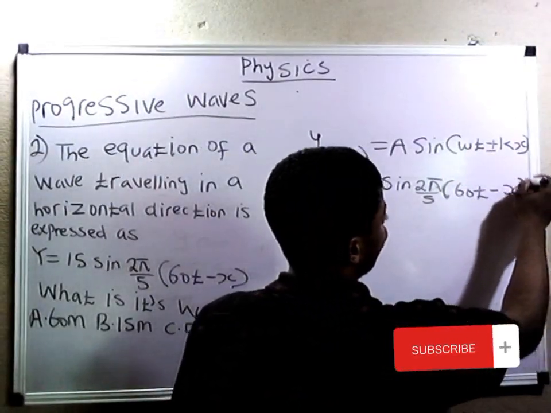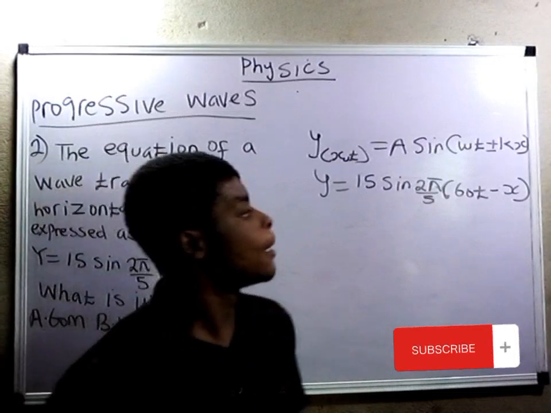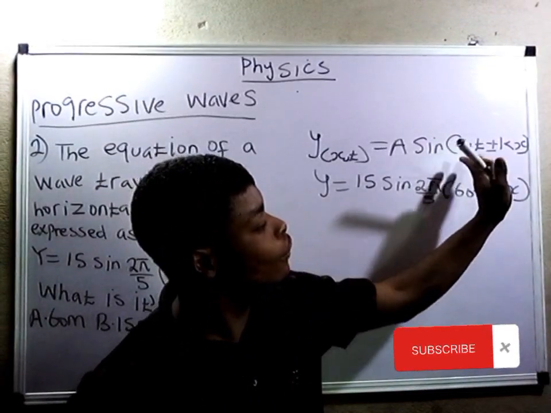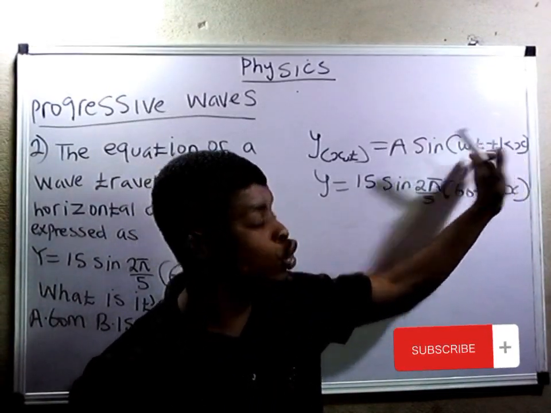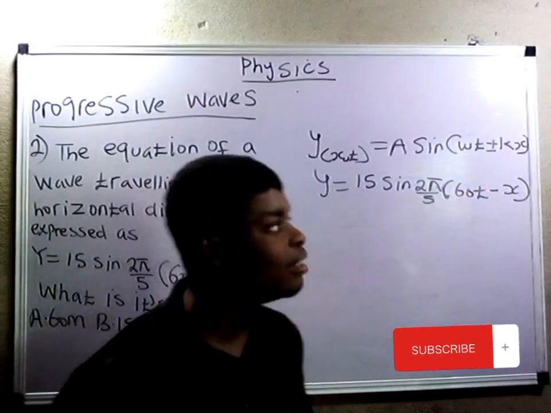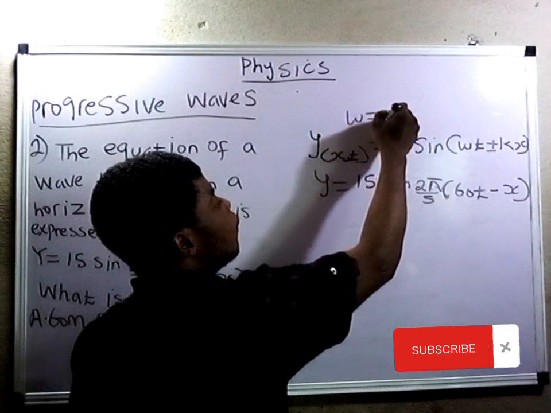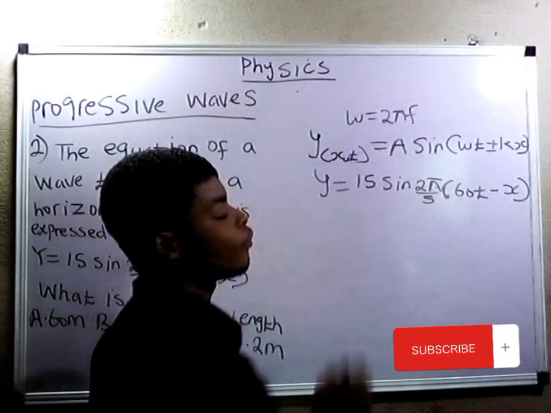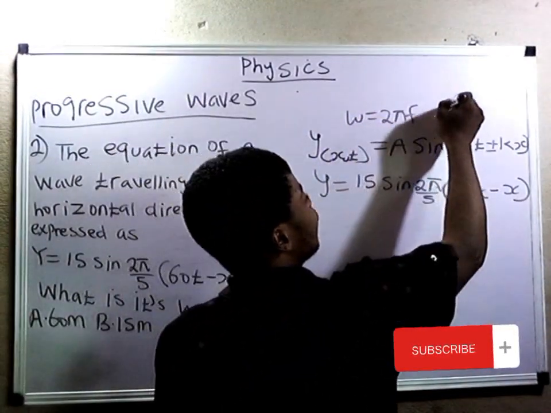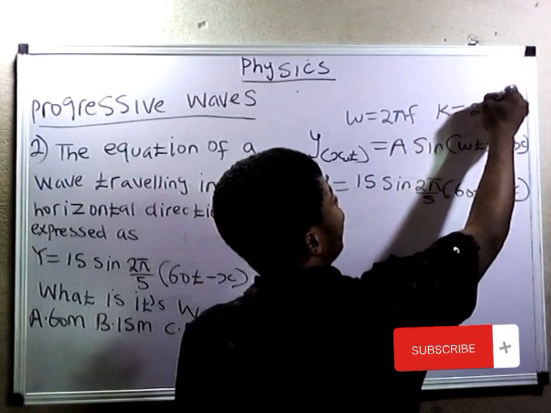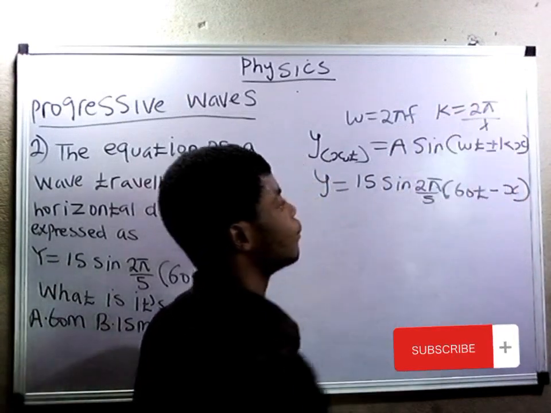Looking at it, if we break this original equation down, I said that w equals 2 pi f and k equals 2 pi over lambda.